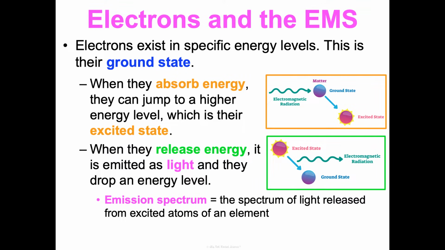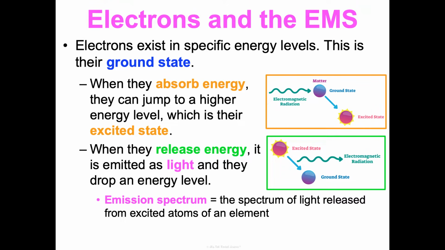Because remember, you're having to overcome that attractive electromagnetic force that exists between the positive nucleus and the negative electrons. So to be further from the nucleus, you're going to need more energy. So the more energy an electron has, the further from the nucleus it can be, the further up the ladder it can be. Now, its ground state is whatever rung it normally just kind of sits on.